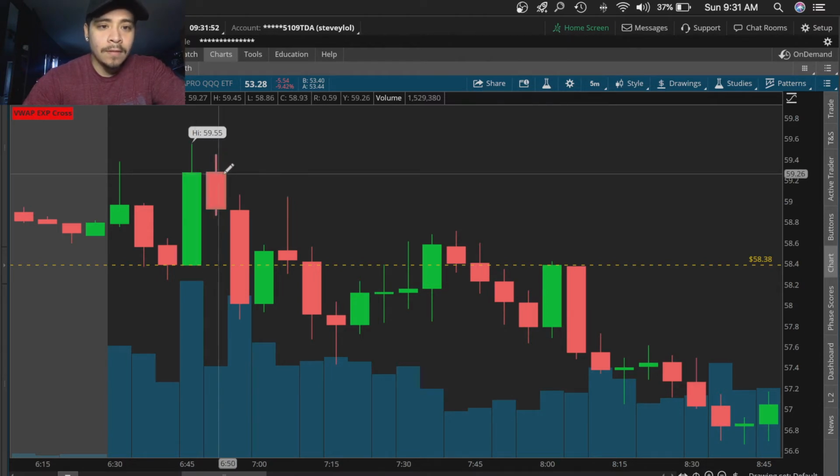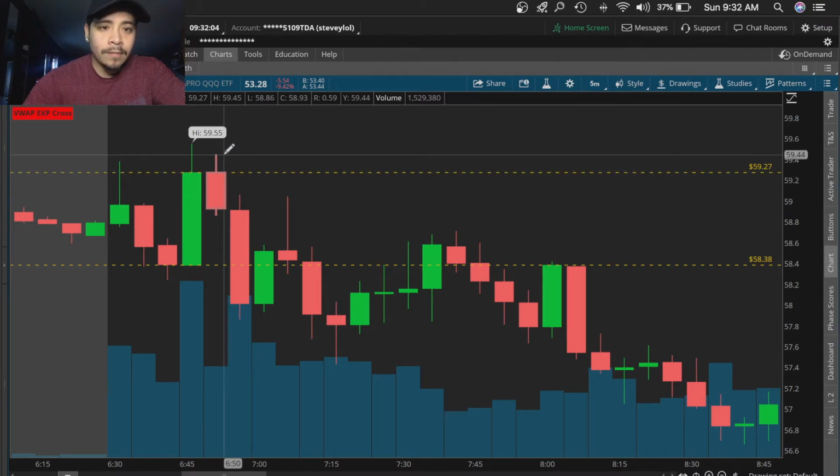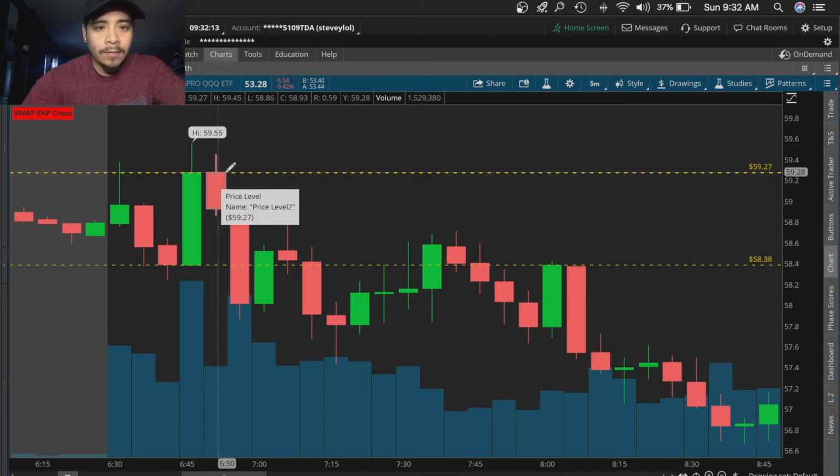Now reverse it. Next 5 minutes, 6:50. We are opening up at 59.27. Price did push up, and then it pushed down. We crossed. Once you cross that opening price, that is when you'll see the candle change colors.